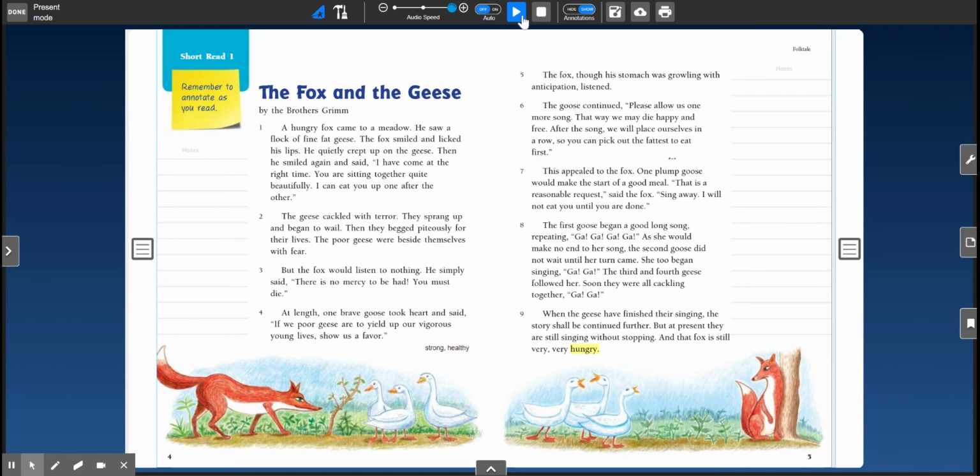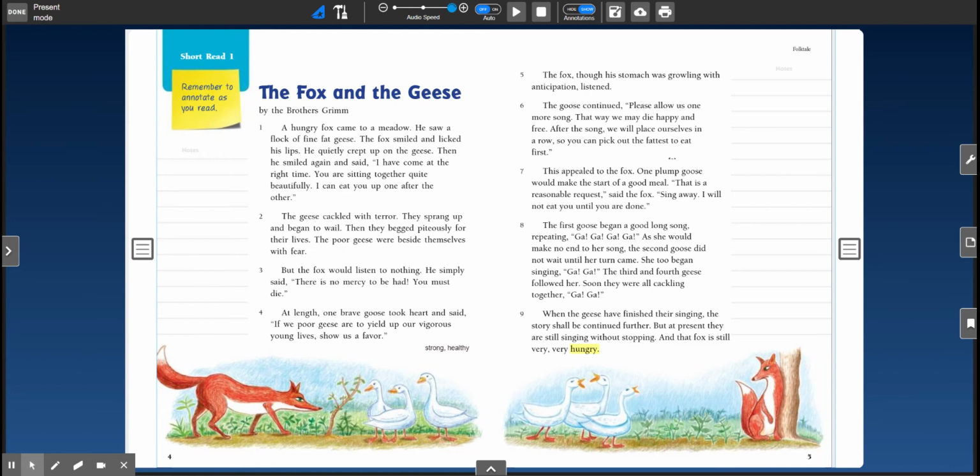Oh my gosh, what a story, right? So the geese start singing and continue singing. But the last paragraph in this story says, when the geese have finished their singing, the story shall be continued further. What does that mean? That this is technically not the end of the story, right?